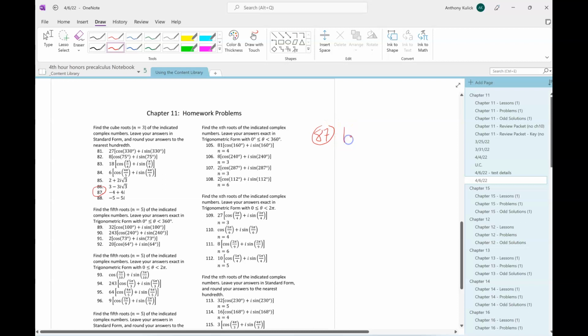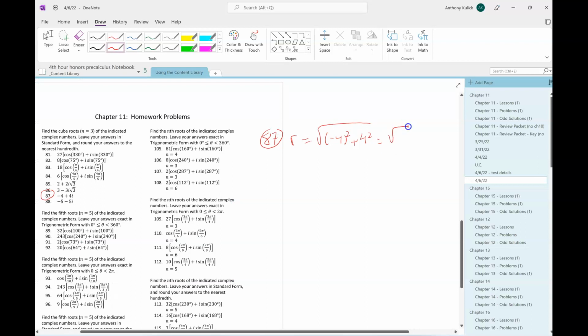So the first thing I'm going to do is find my value for r. So negative 4 squared plus 4 squared gives me square root 32. And I guess if I wanted to, you can call that 4 root 2. That's fine. Either is okay. Probably just leaving it this way is going to be more convenient.